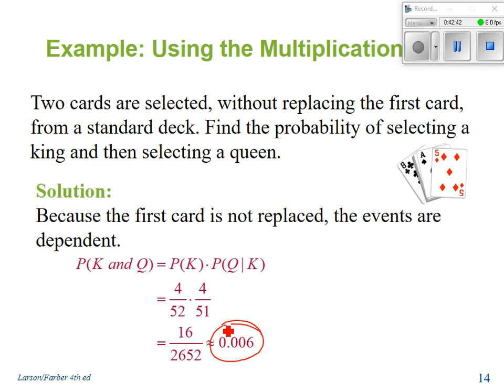It's unusual. I sit and watch these people playing poker on TV a bunch, and if you watch them play Texas Hold'em, they get two cards. If one of them gets a king and a queen, is that very likely to happen again? No. Less than 1% of the time is that going to happen.